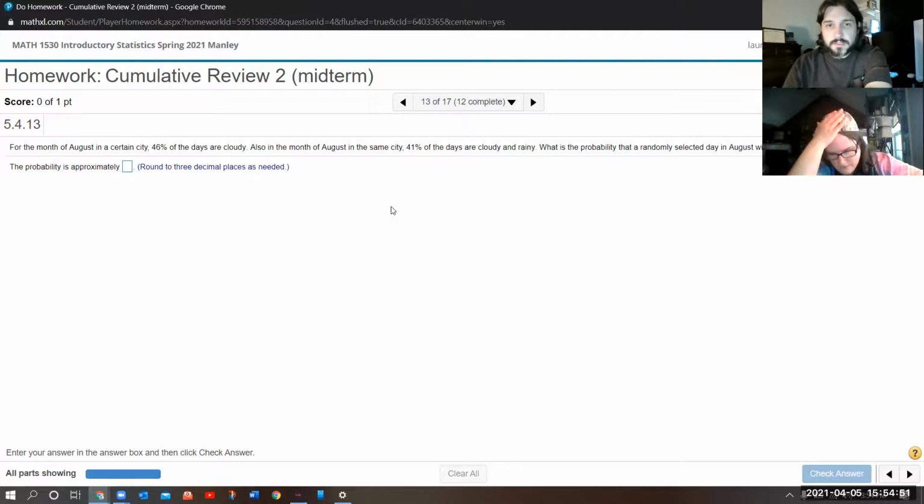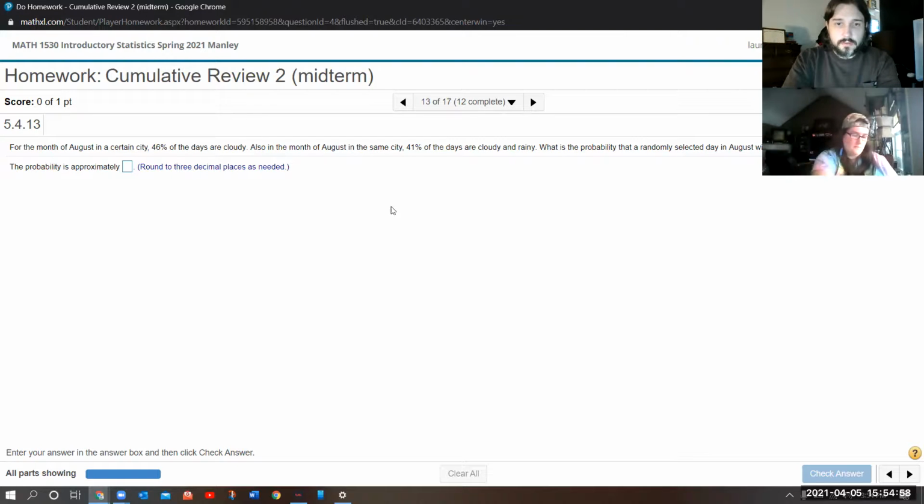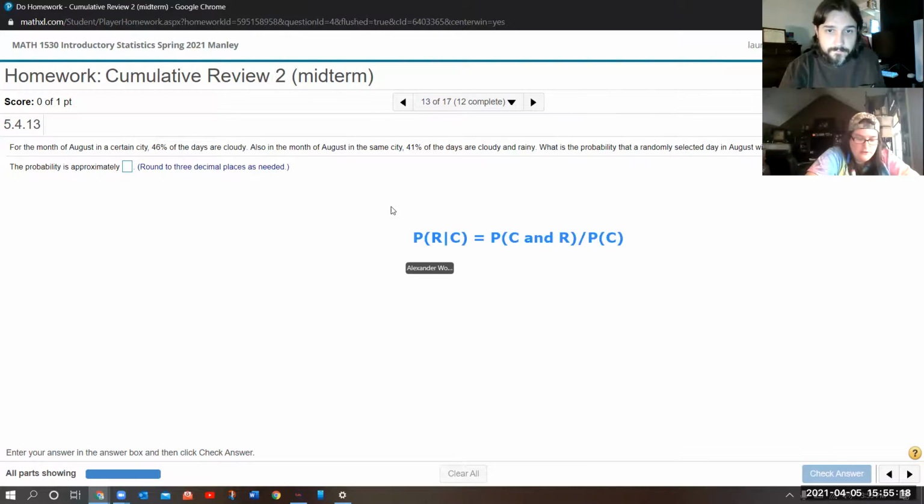I'm going to use C and R for cloudy and rainy. So the probability rainy if cloudy equals the probability that it is rainy and cloudy, or cloudy and rainy, I guess, over the probability that it's cloudy. Cloudy, rainy. That way I'll kind of know what the problem's about.